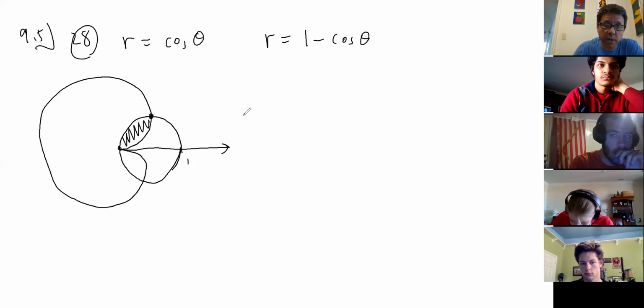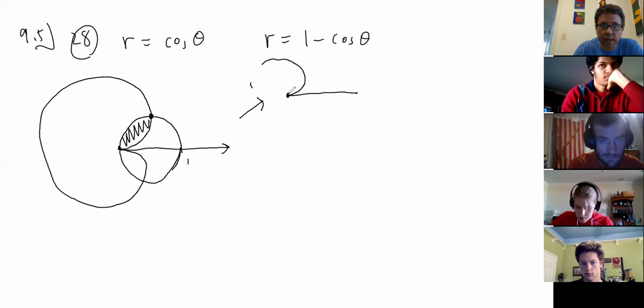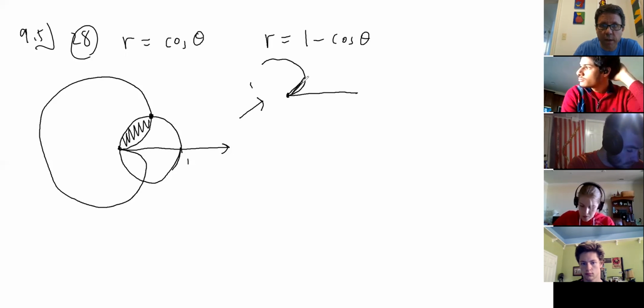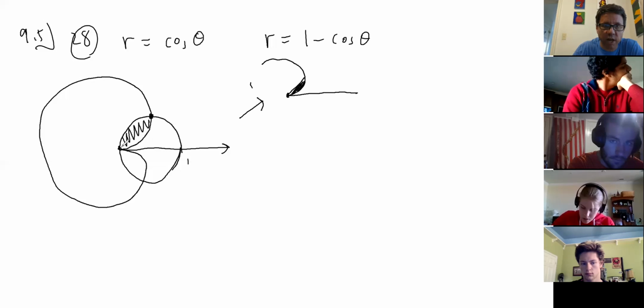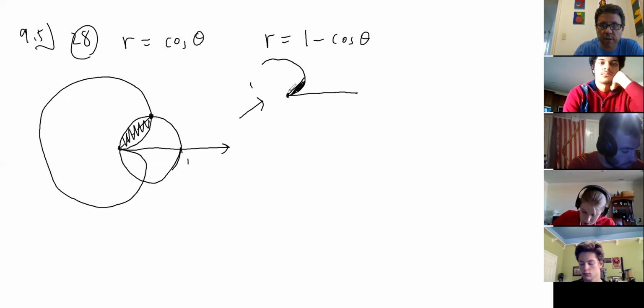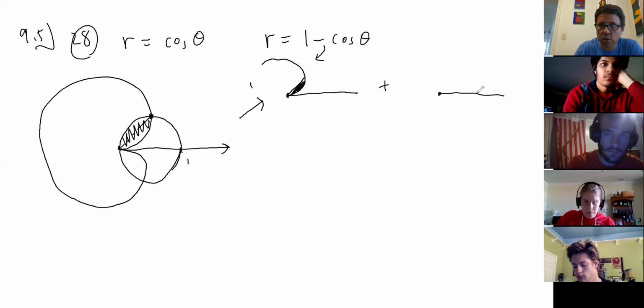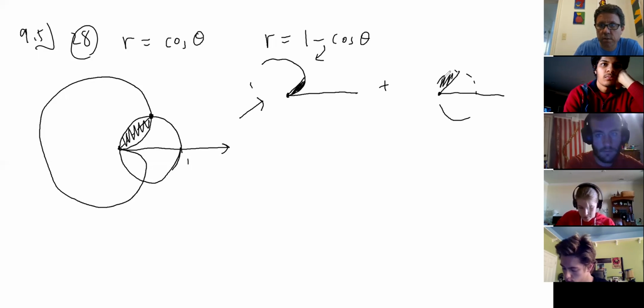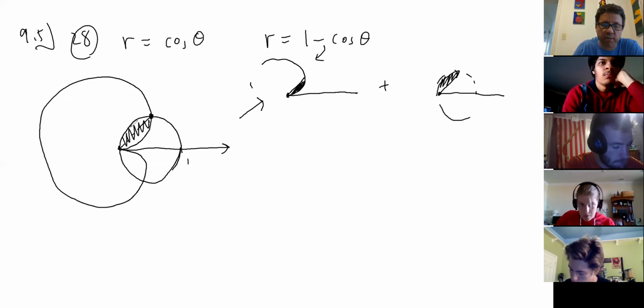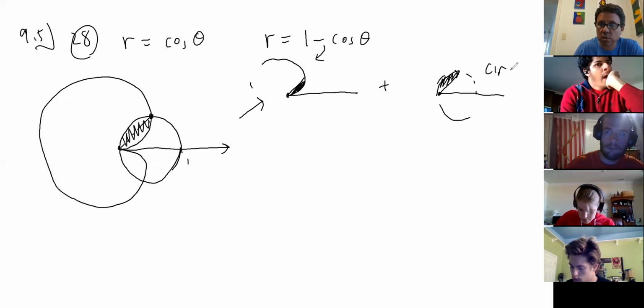So it's wise to divide this in half. The lower half only deals with this curve, plus I do the circle for the upper half, which is only on the circle.